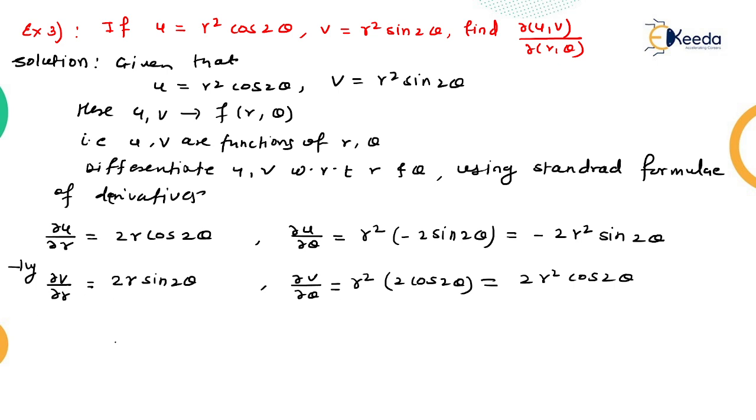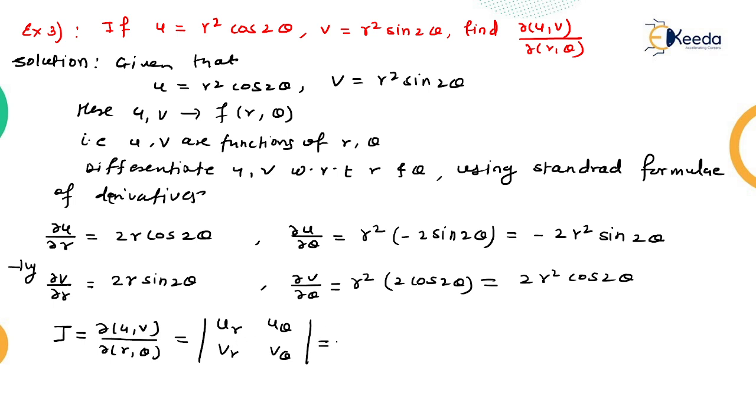And after taking these values, you have to just find out the Jacobian, guys. What is a Jacobian? It is nothing but ∂(u,v)/∂(r,θ), which is just a determinant. I am writing it in short form: u_r, u_theta, v_r, and v_theta. The suffix means differentiation of u with respect to r.